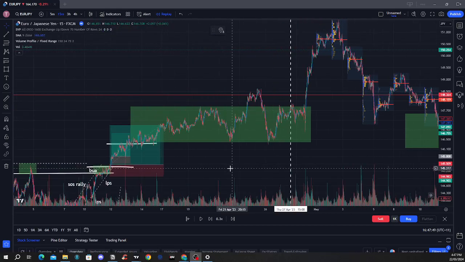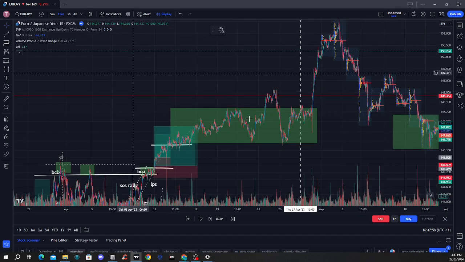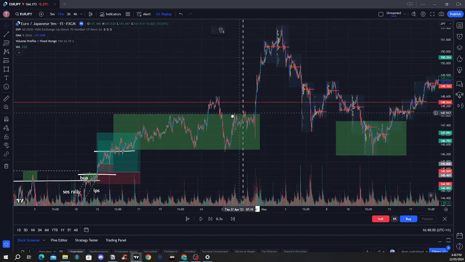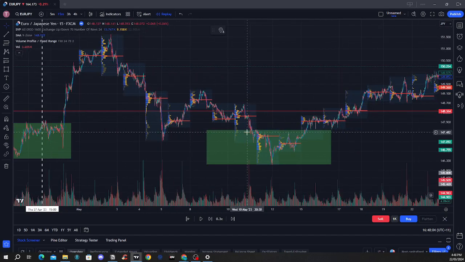Okay, so I've just noticed I've got no volume data for this trading range, which is kind of annoying, on the session volume profile, nor do I have it on the fixed range volume profile.